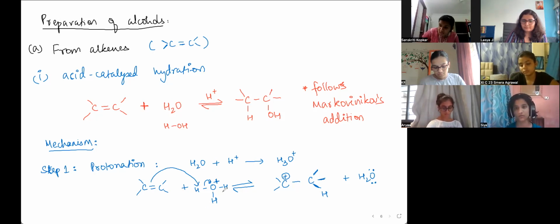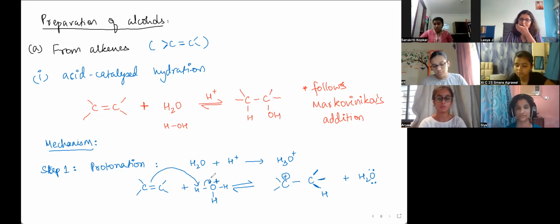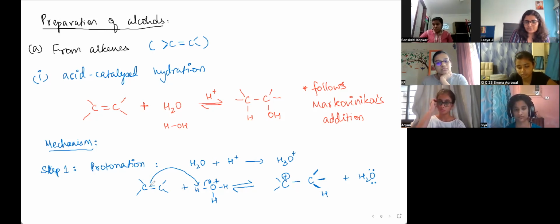Isn't the arrow always supposed to be towards the edge? No, the arrow denotes the transfer of electrons, wherever the electrons are moving and forming a bond. I've started the arrow from the double bond.